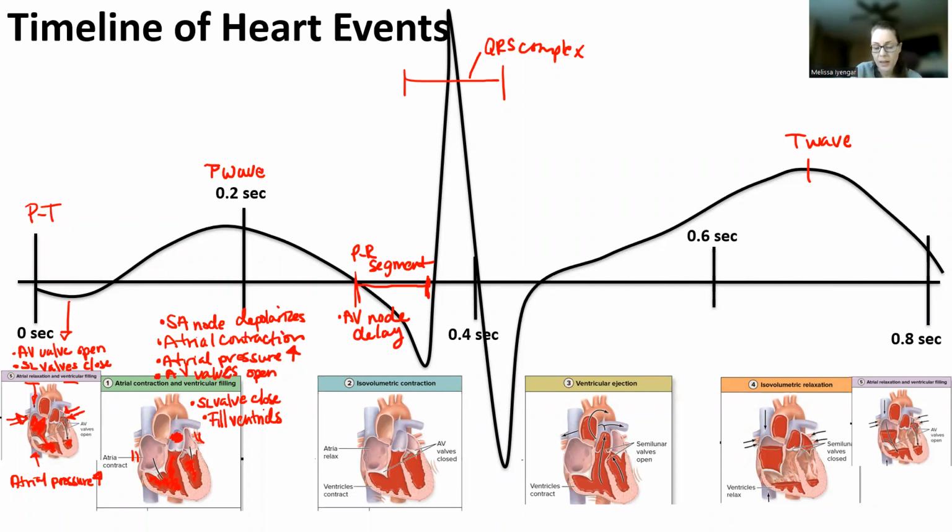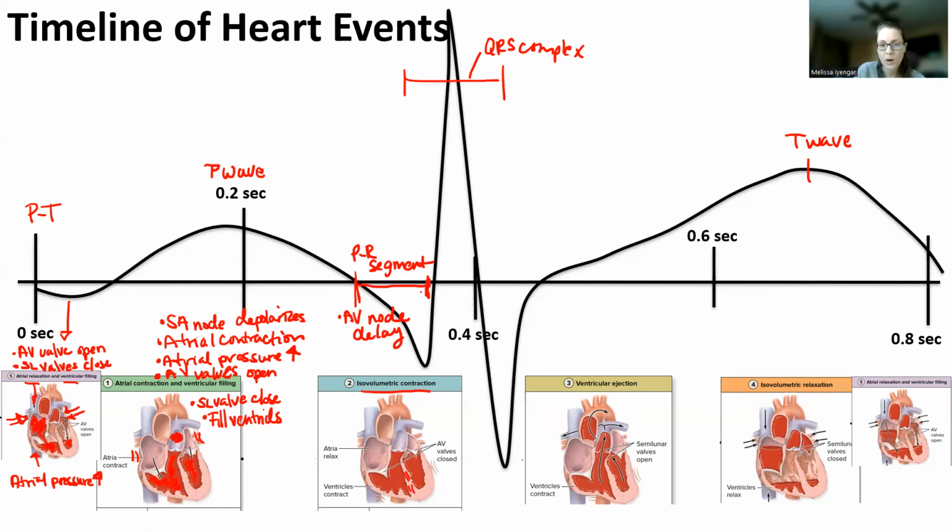So then the next thing that's going to happen is we're going to have isovolumetric contraction. So remember, iso meant same, so isovolumetric means same volume contraction. In this case, we're going to start to contract the ventricles, and I wish these little lines weren't there. We're going to start to contract the ventricle in the interventricular septum.